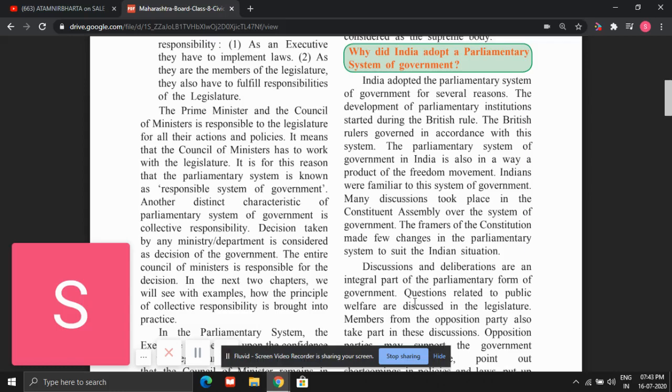Now you must be knowing about Dr. Baba Sahib Ambedkar. He is called the architect of the constitution. Why? Because he had a lion's share. Lion's share means his contribution towards the making of this constitution is enormous, is great.